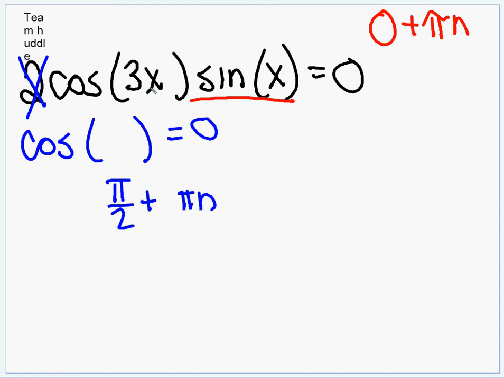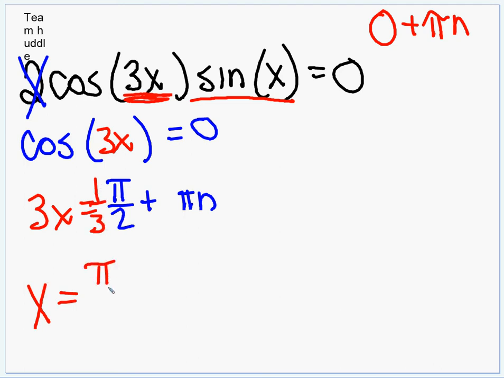Now remember, our angle is not x, this is 3x. So we set this equal to 3x. To get x alone, let's divide by 3 or multiply by 1/3. If I multiply the first one by 1/3, that's going to be pi over 6, plus, dividing this by 3, it's going to look like pi n over 3.